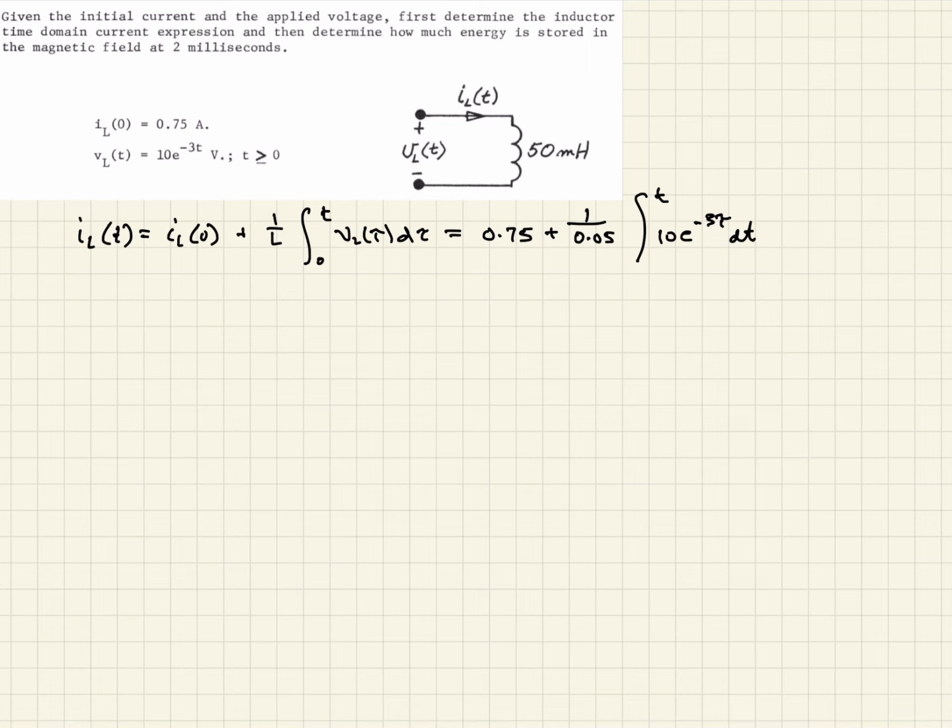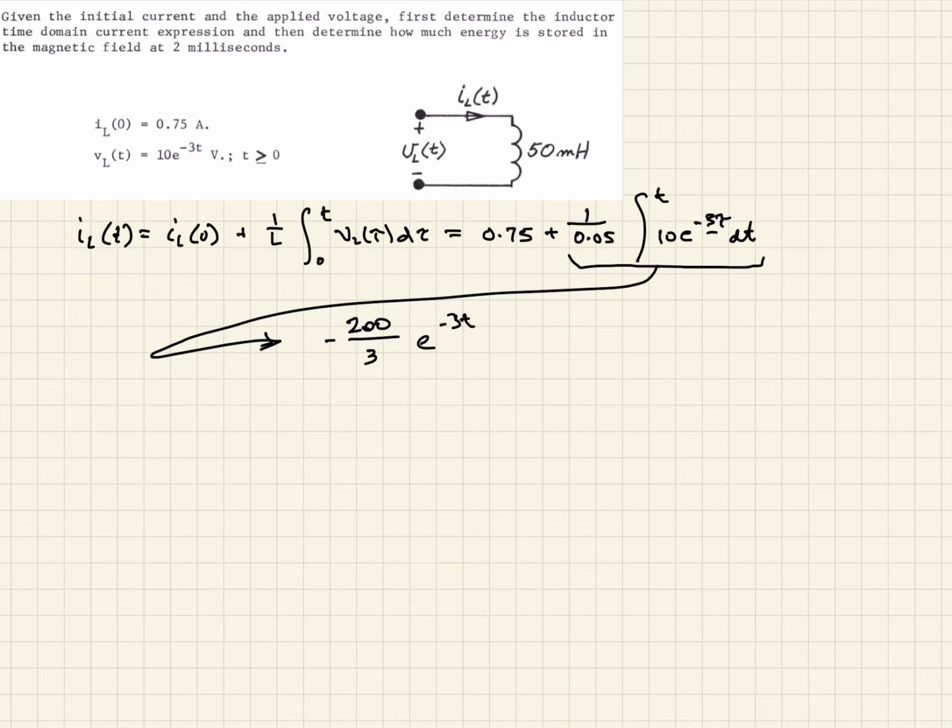So we want to look at this part here first. So when we do 1 over 0.05 is 20, then times 10 is 200, and then integrating factor will be 3, so it'll be minus this, and then we integrate, it'll be e to the minus 3t.